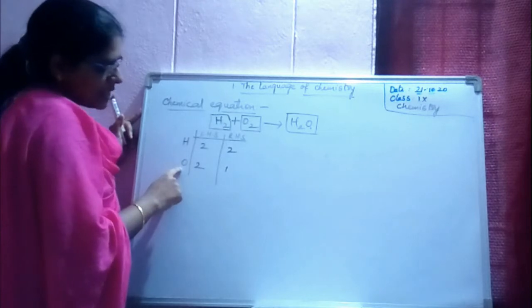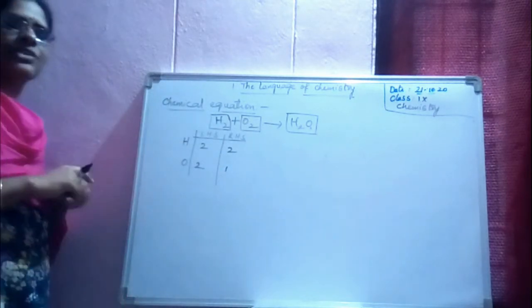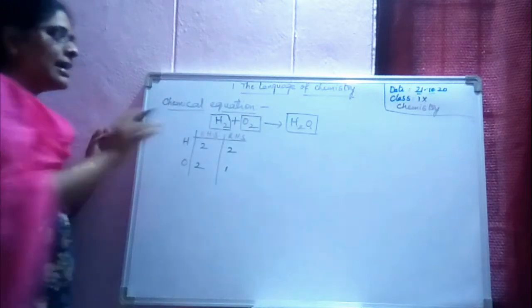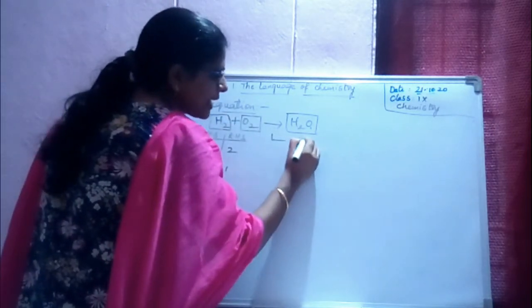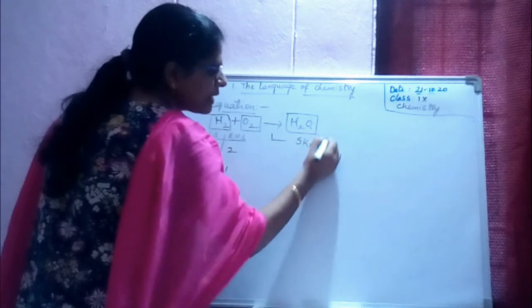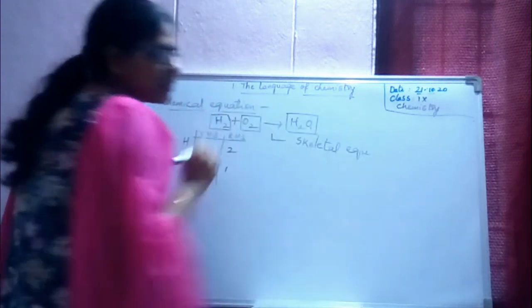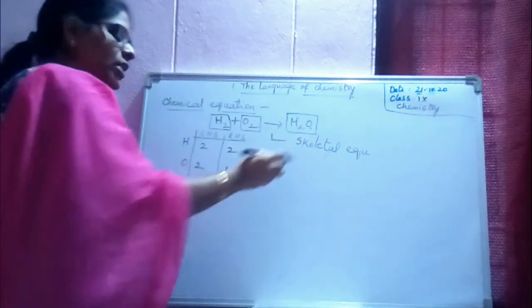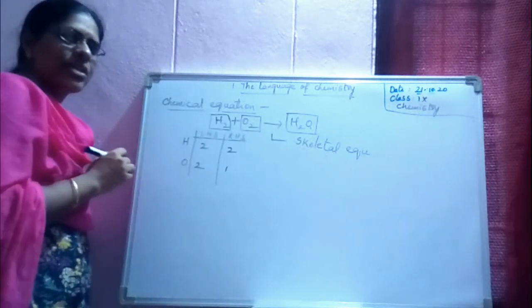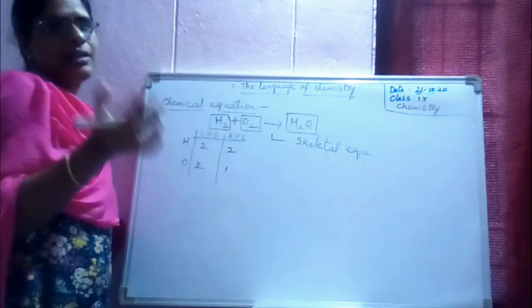Number of oxygens, are they equal to the number of oxygens on RHS? No. Hence, this equation is called a skeletal equation. Following, children? If it is not balanced, we call it a skeletal equation or unbalanced chemical equation.